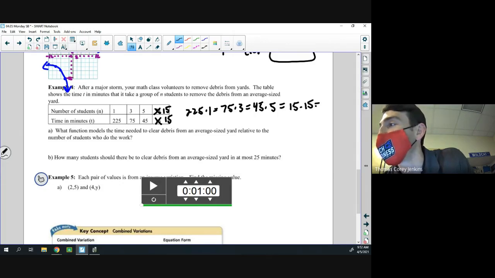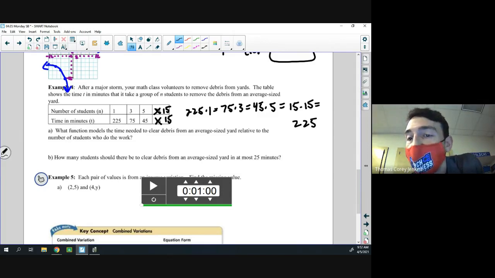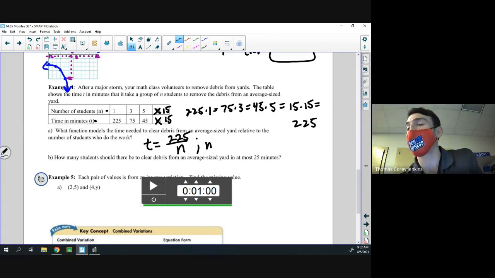They all equal 225. So instead of y, we're going to use t. We'll say t equals 225, my constant, over x. What's normally x in this case is called n. So t equals 225 over n. Our restriction would be that n can't be 0.